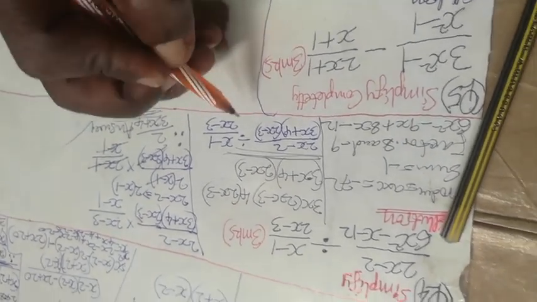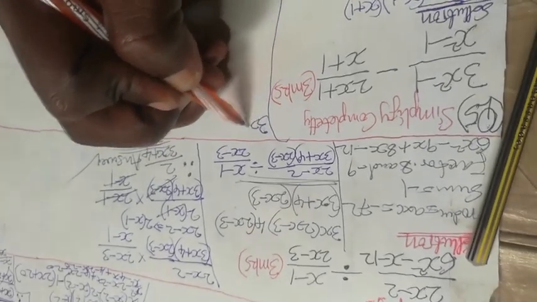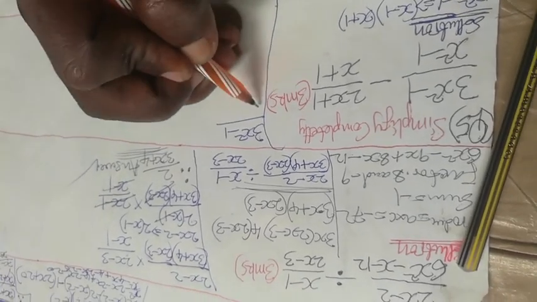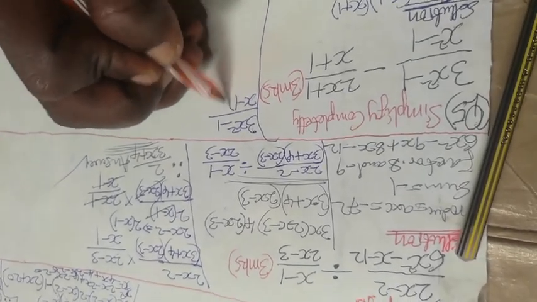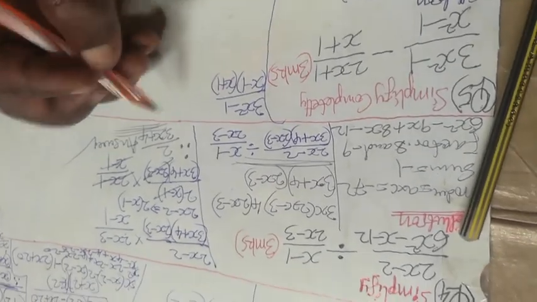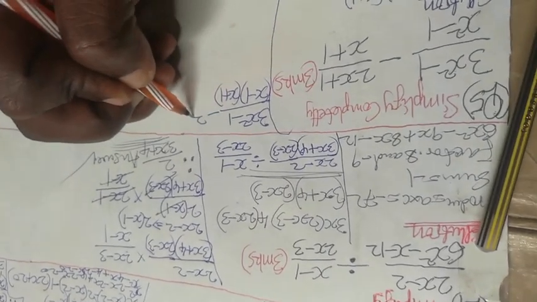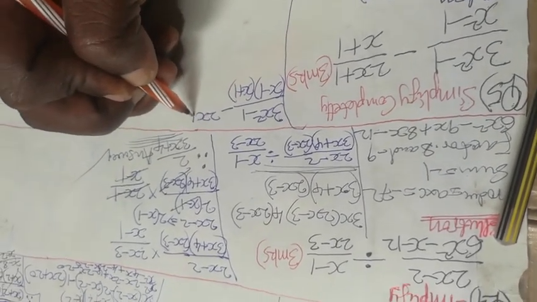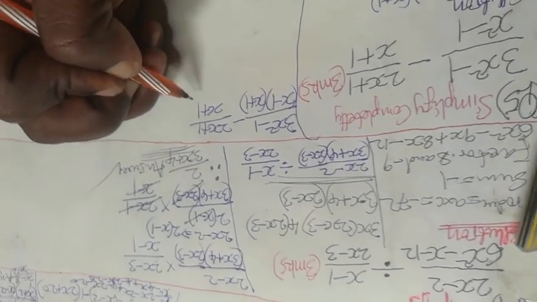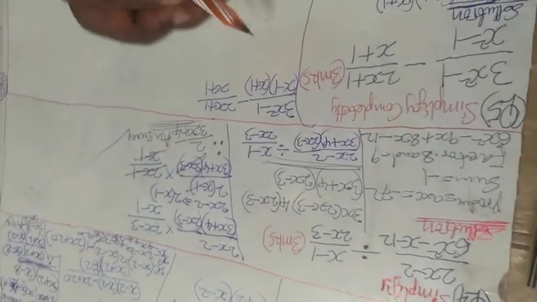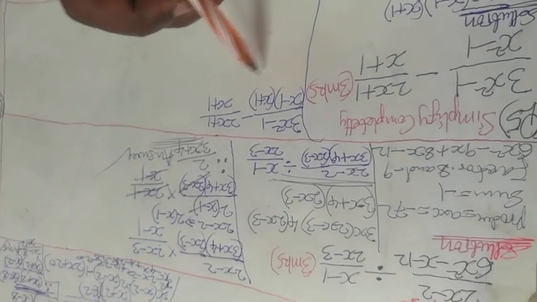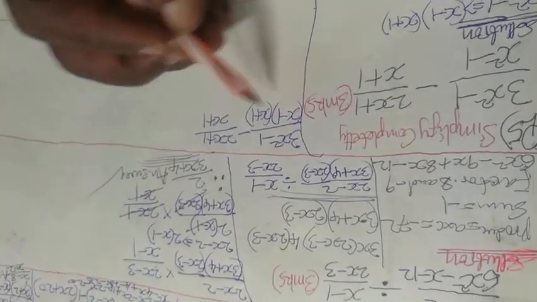Then we say 3x squared minus 1 all over x minus 1 into brackets x plus 1, all minus 2x plus 1 over x plus 1. Now we are going to find the LCM of this part of the question.